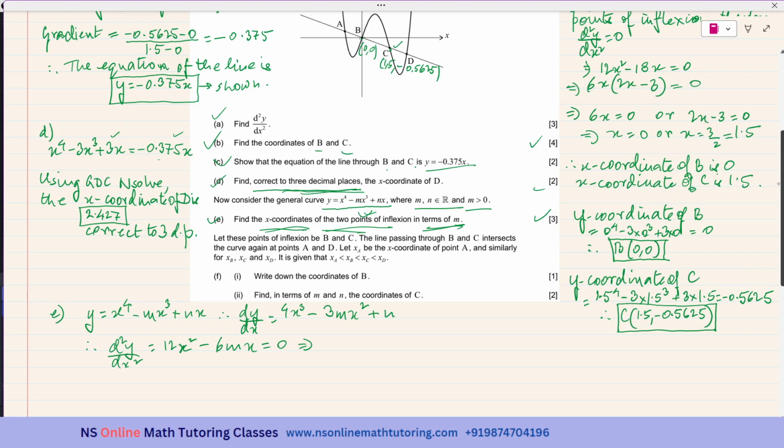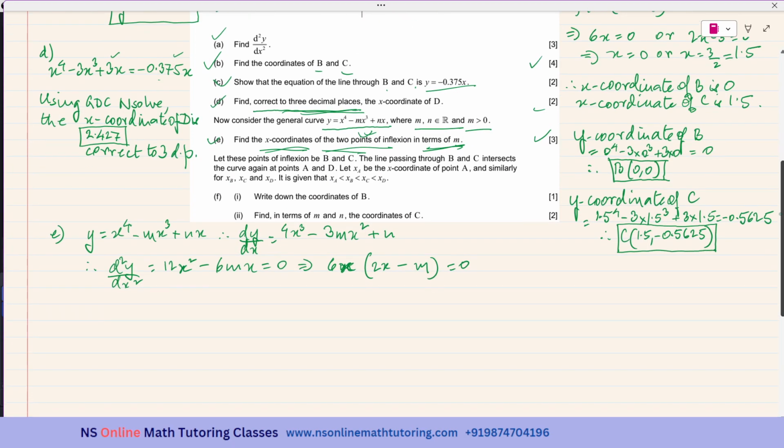So again, I can take out the 6x common. From the first term, it will be 2x. From the second term, it will be minus m, equal to 0. So this implies 6x equals 0 or 2x minus m equals 0, which implies x equals 0 or x equals m over 2.